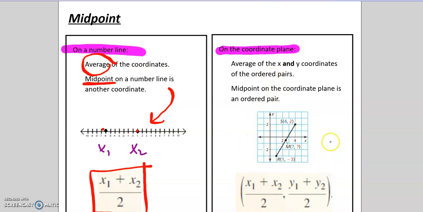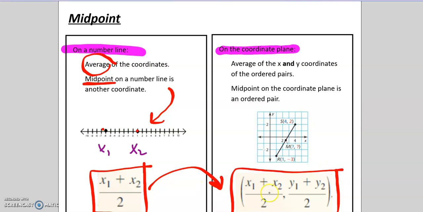Notice the formula here. You want to jot this down, remember it forever, make it on a flashcard. It's very similar, right? I'm still adding my x's, and I'm cutting them in half. I'm still finding the average. But what we need to do is find the average of my x's and the average of my y's. Okay? Notice my midpoint is another point.